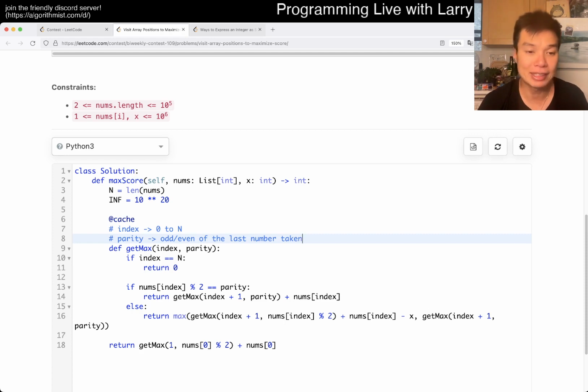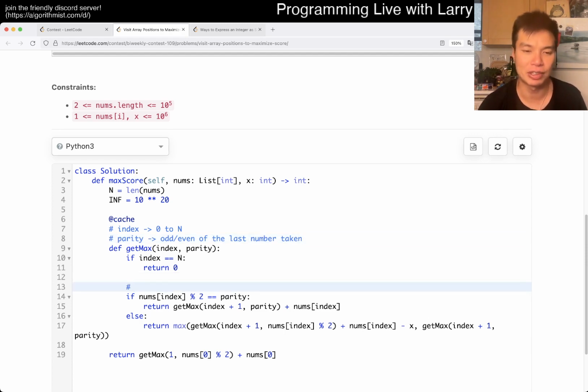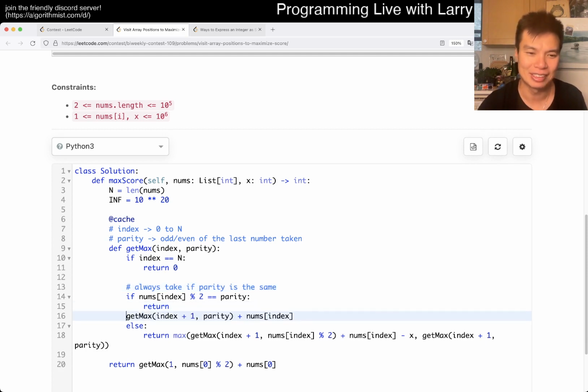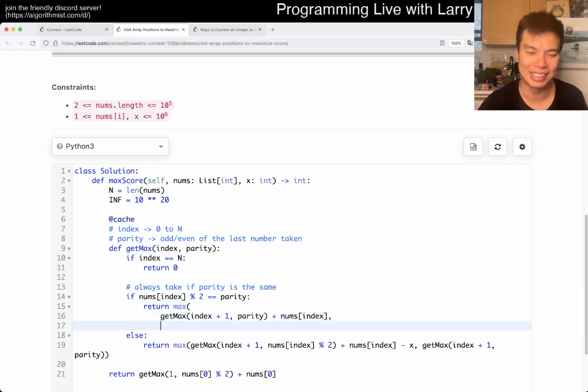But basically you've got to do two things, right? If the parity is the same, then you always tick. I mean, you could also not tick, but if you want to split this out, then this is the tick, and the not tick would be the same thing.